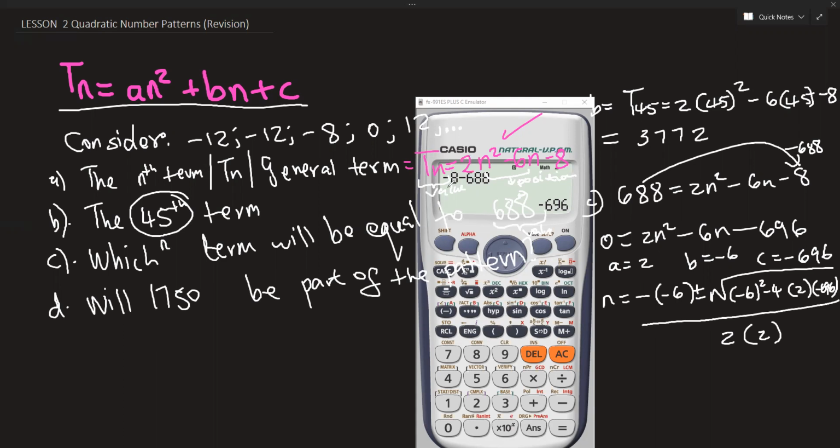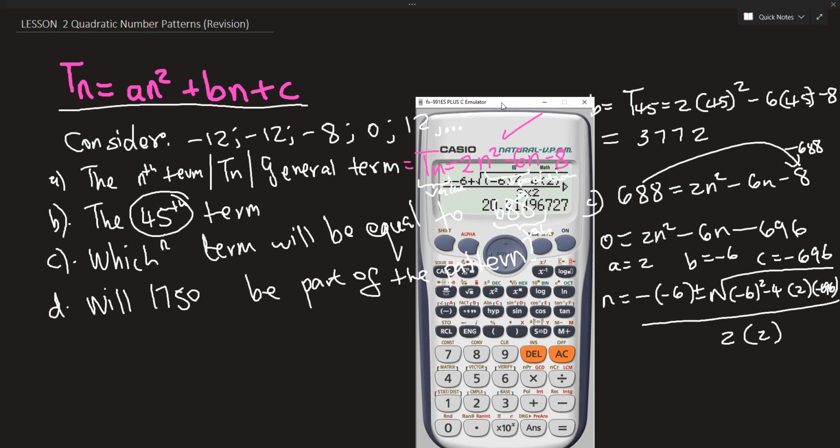Perfect. Let's see what this gives us on the calculator.